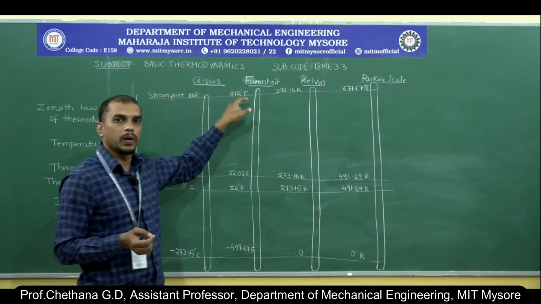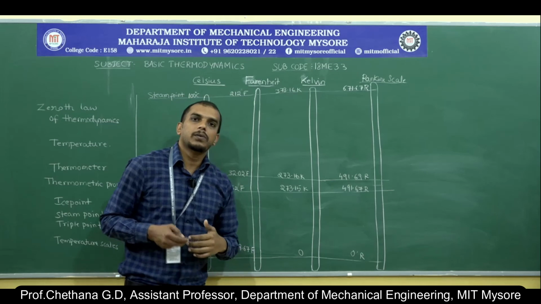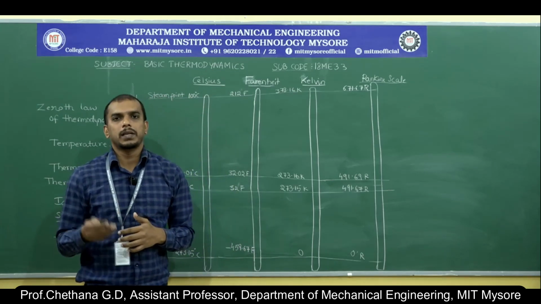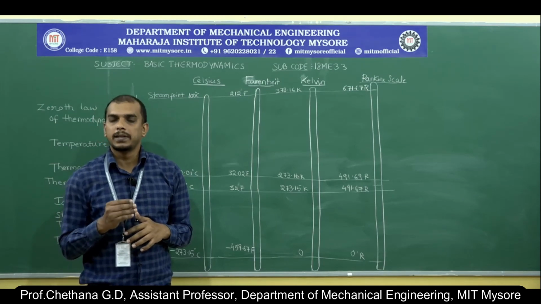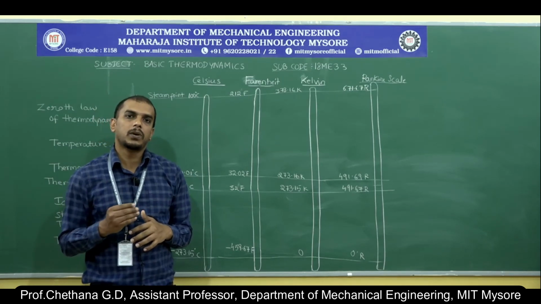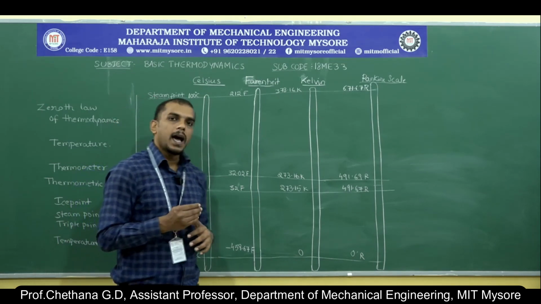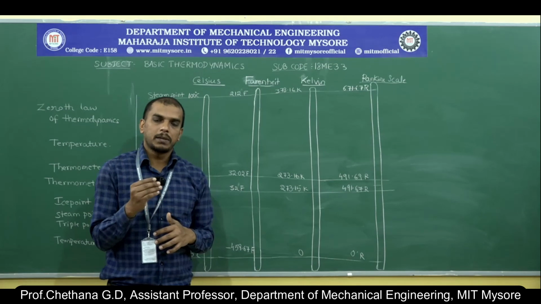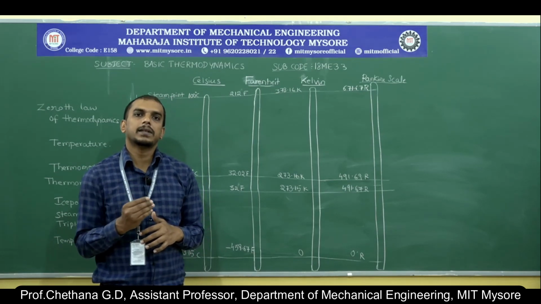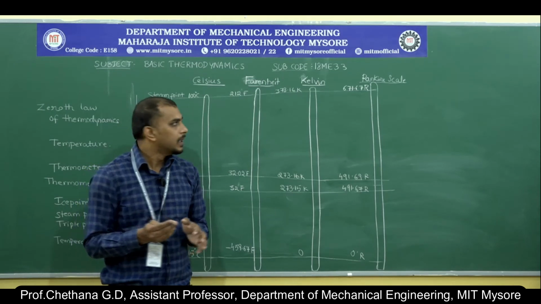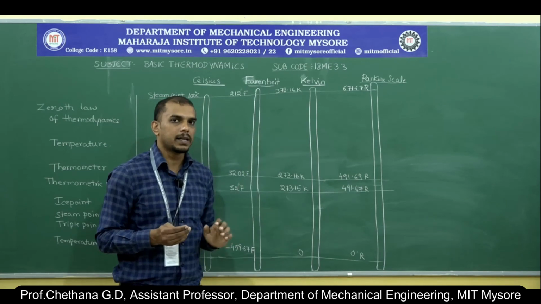it read 212. So, now comes the Kelvin. If you want to design a measuring device, I want the absolute zero as a 0 below which there should not be a negative temperature, the 0 in the temperature scale beyond which further lesser temperature is not possible at all. Such temperature scales are Kelvin and Rankine scale.